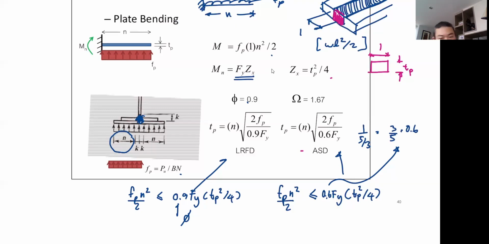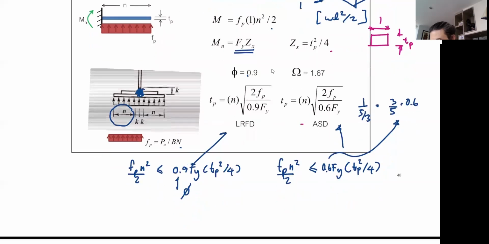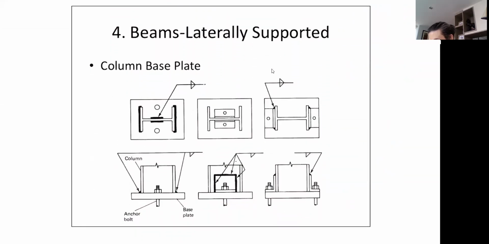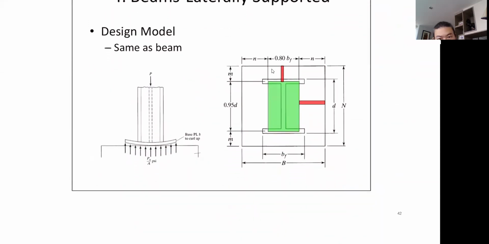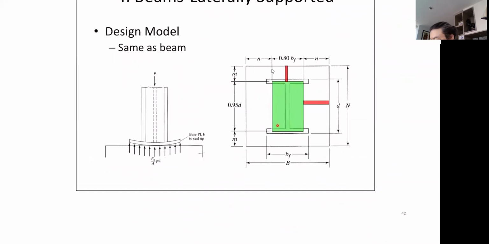Now that is the length for your cantilever model to design the plate thickness. When it comes to column, we are going to use this model instead. We are going to say that the green area here is the solid area. So you have a cantilever beam model in 2 directions. First one is this one, where we assume that 95% of the depth is rigid.